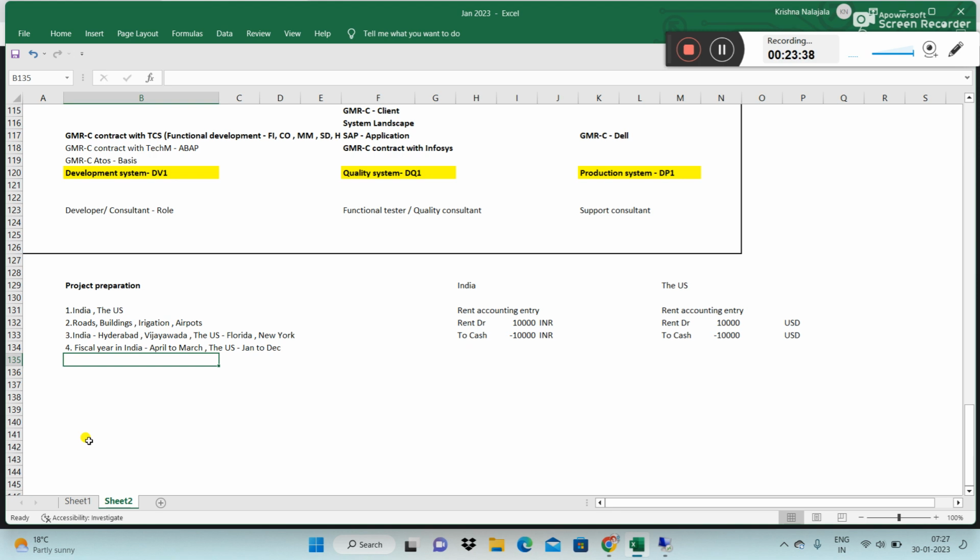So now we understood our client requirement, what kind of business he is doing, and what his expectation is. Based on this information, we prepared a business blueprint document. Now, we cannot directly go and configure in the system, right? Every functional module, you should understand the structure.